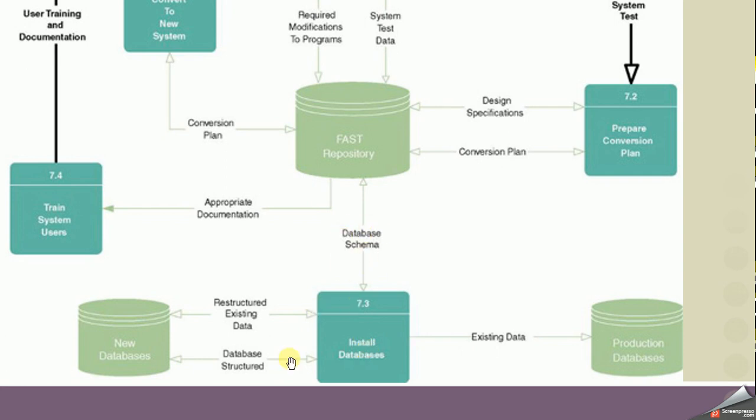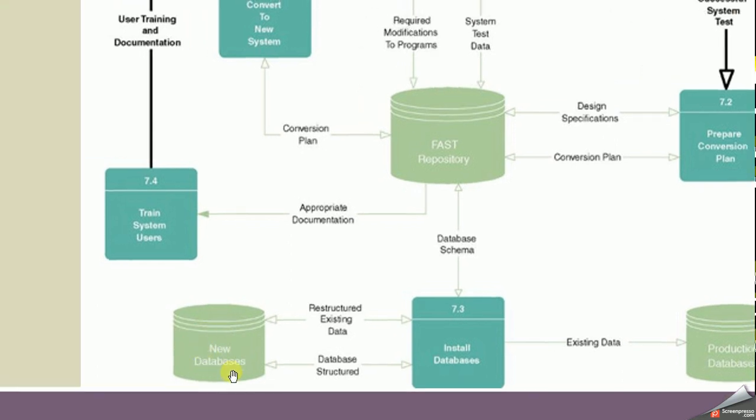We take the database schema, we take the existing data from the production database and convert it into the new database. We may have to restructure the existing data. And now the data is migrated to the new database. So now the database will be loaded. It will be populated with the data. We'll talk about it in the coming slides, inshallah.